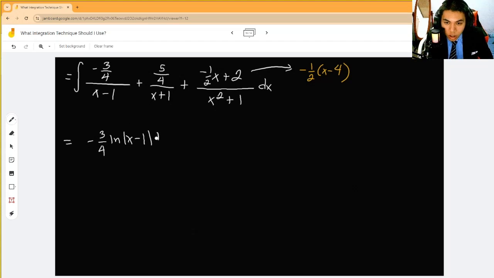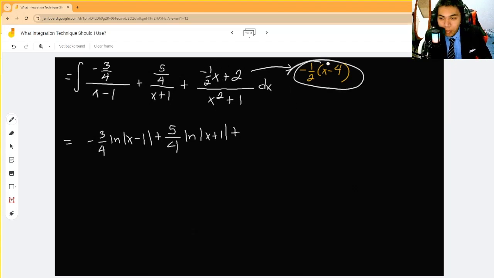That's the part there, plus 5 over 4 natural log absolute value of x plus 1, plus, now we can take out the constant negative 1/2 and then split apart this into different integrals. So let's just put the minus here. Minus 1/2. Now let's put the parentheses.